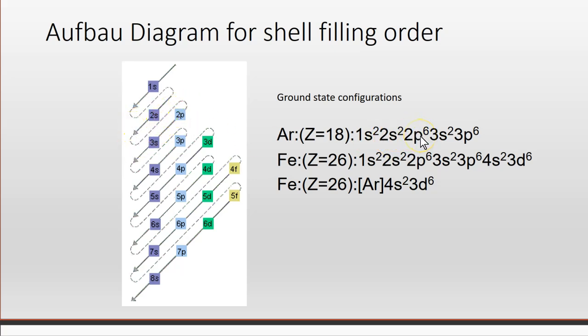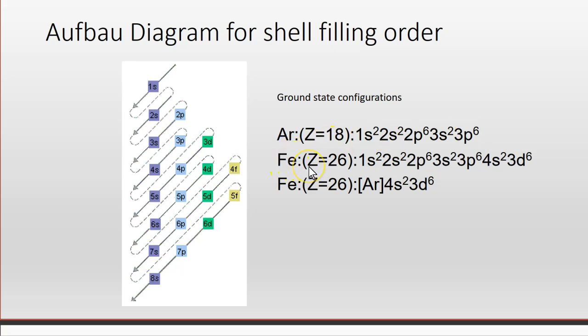The 2p, when it's filled, accommodates 6 electrons. Next to fill is the 3s, which accommodates another 2. And then we have the 3p, which accommodates 6 electrons. The electron shells and subshells are fully filled in these noble gases.